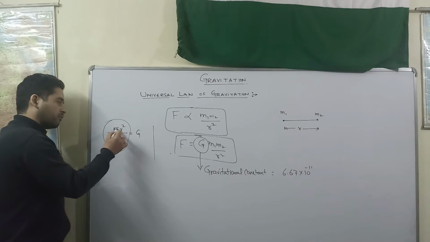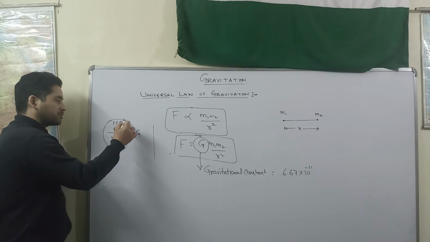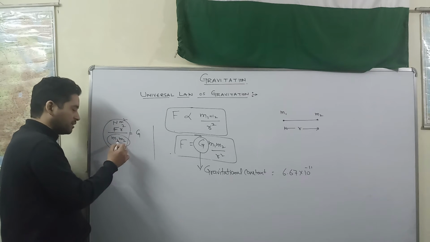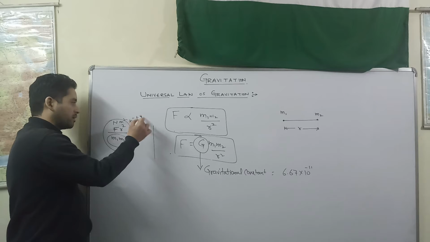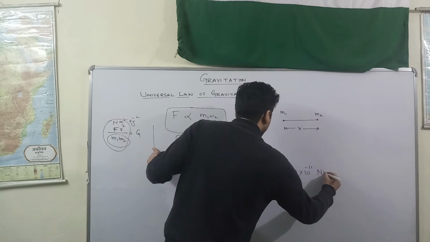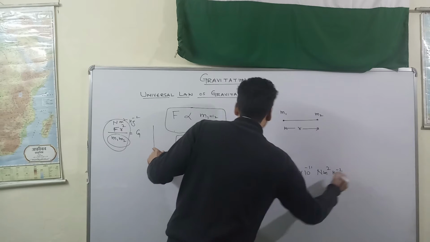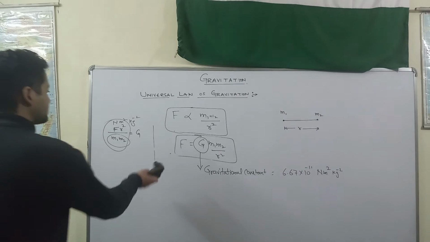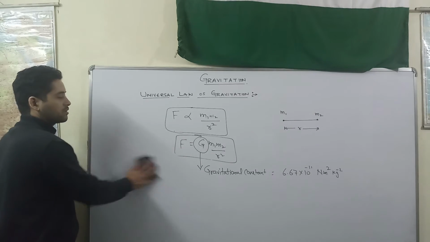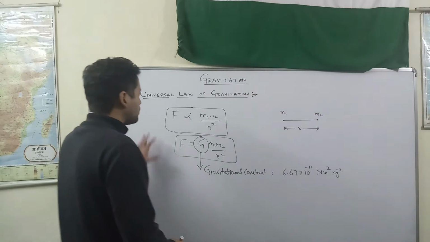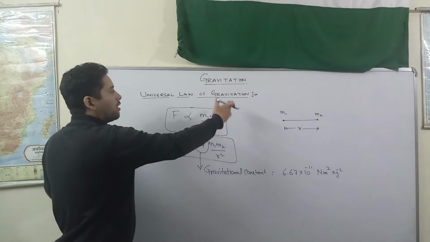The unit of force is Newton, r is distance so the unit will be meter square, and m is mass so it is kg square, and when it goes to the other side the power becomes negative. So the unit will be Newton meter square kg to the power minus 2. That is the unit for the gravitational constant. It is a constant value. So this is our law of gravitation.